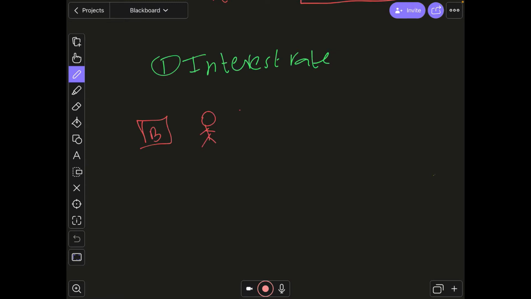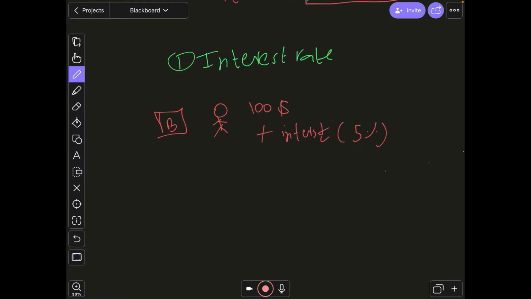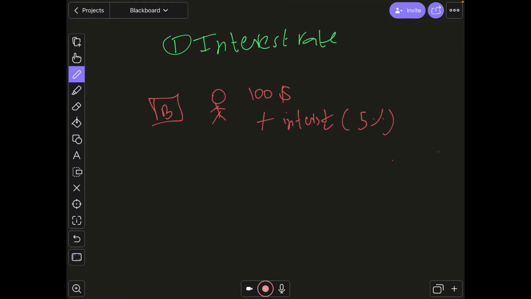If I borrow some money from them, let's say $100, then when I return the money, I won't only return $100, but I will return $100 plus the interest. And this interest, let's say it is 5% in this case, so I will return 100 plus 5% of 100. So this is the concept, right? This is the interest rate.